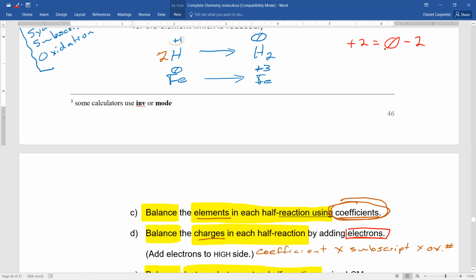That still isn't equal to 0, left to right. So we have to put it on the right. Now, this negative 2 that we just added becomes, on the right, 2 electrons.